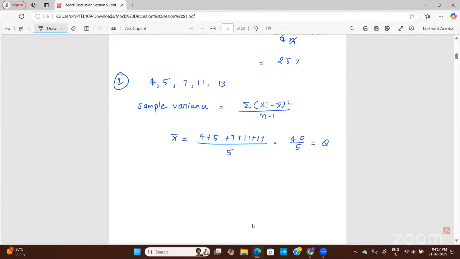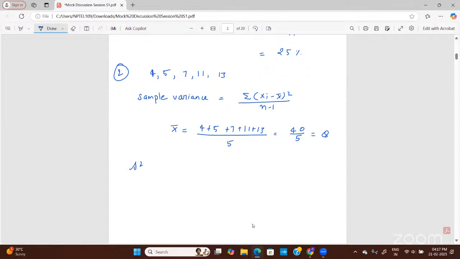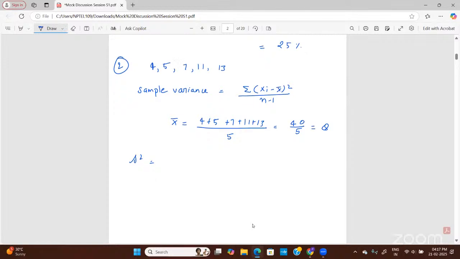Now we have to find s square, which is 1 upon n minus 1, that is 1 upon 5 minus 1, so 1 by 4, times 4 minus 8 whole square plus 5 minus 8 whole square plus 7 minus 8 whole square plus 11 minus 8 whole square plus 13 minus 8 whole square.